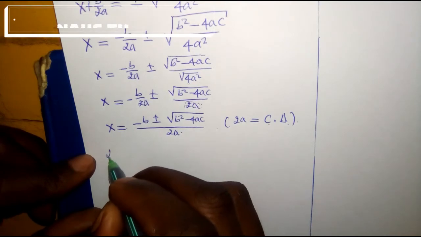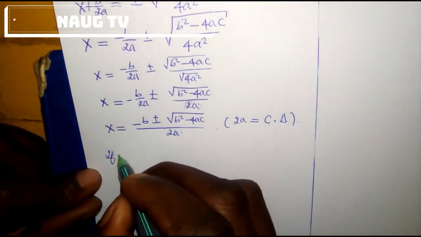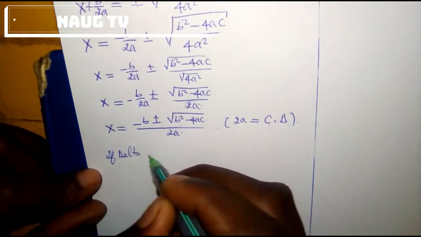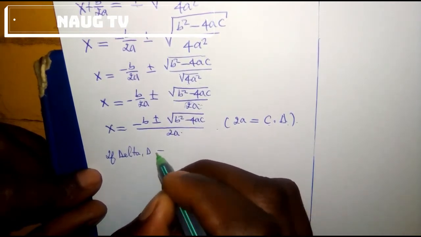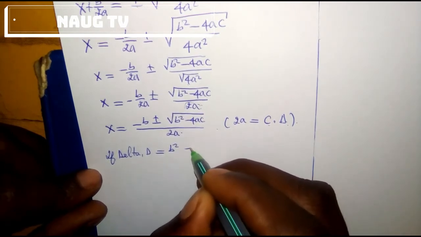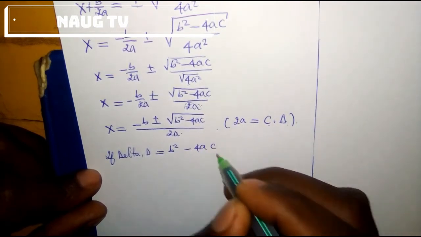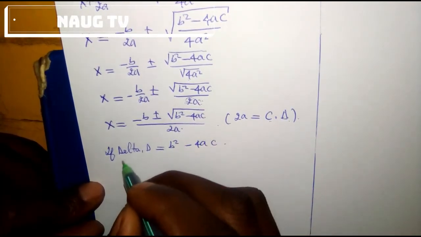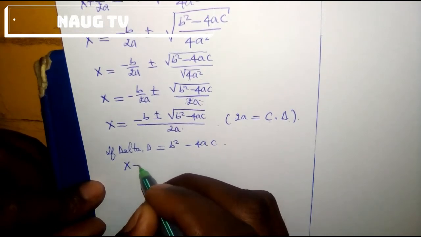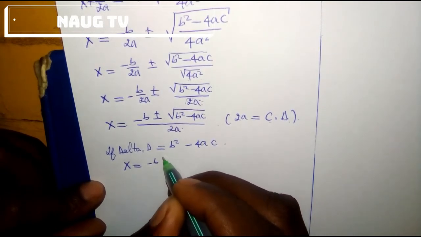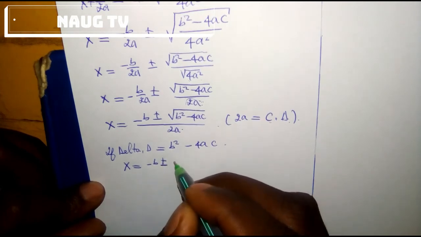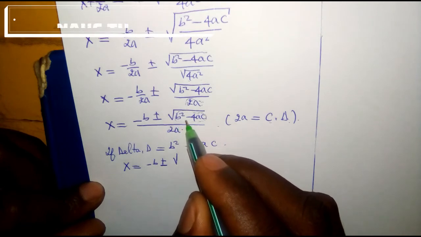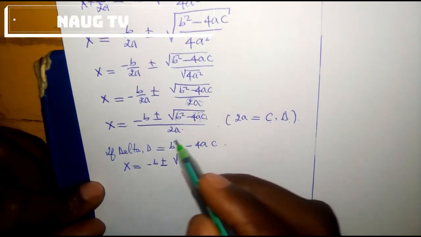So if we let delta equal to b squared negative 4ac, the value of x would immediately become x, which is equal to negative b plus or negative square root of b squared negative 4ac, which is equal to d.